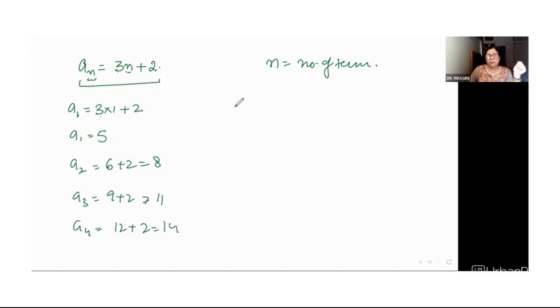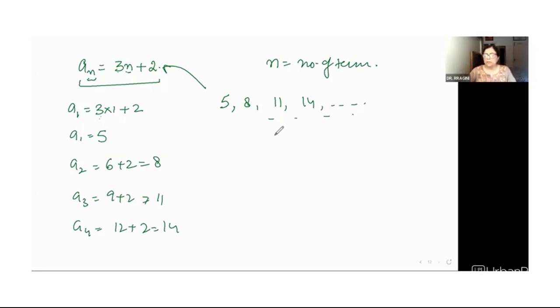So if we write a sequence like 5, 8, 11, 14, I told you earlier that if this group of numbers is following a pattern, this is the pattern now. An is 3n plus 2. If we form a sequence like this, it is called a general sequence.